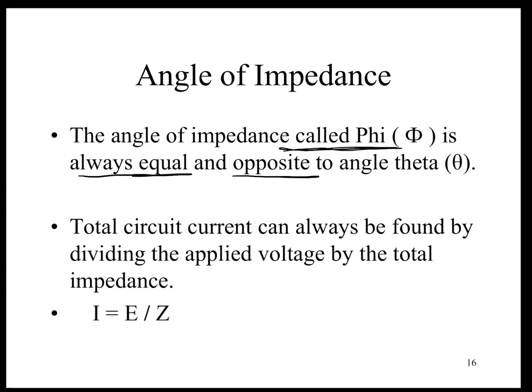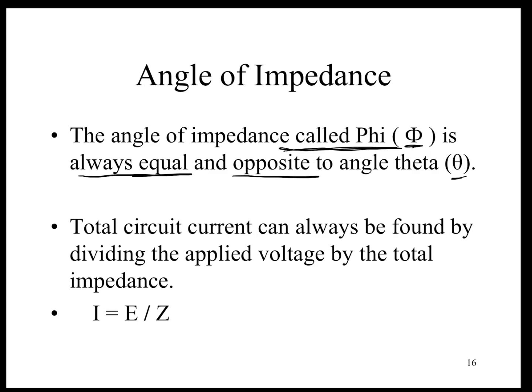Now, often, because of that, and because I said that really polarity is not overly important in AC circuits when it comes to expressing the phase angle, what's more important is you understand whether the phase angle is the result of inductance or capacitance. Often the angle of impedance and the angle theta are just used back and forth without specifying phi or theta.